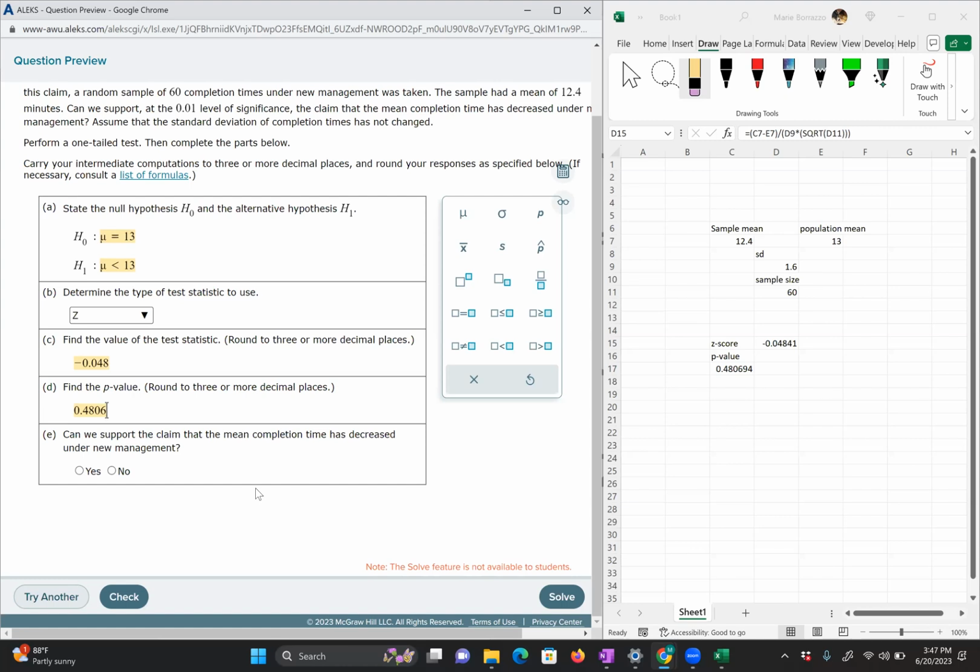And see what we get. So P less than alpha, we're going to reject the null. If I reject the null, that means that this has decreased. So I'm going to go with yes on this.